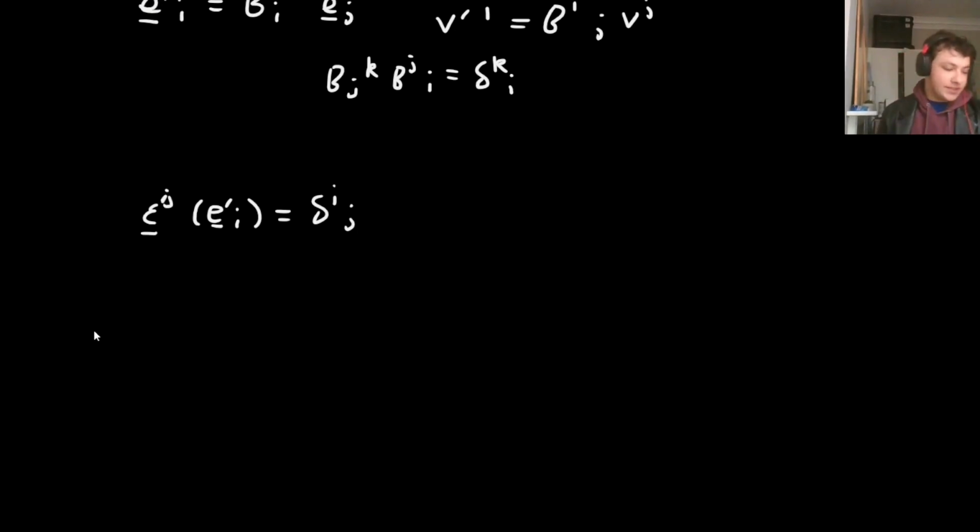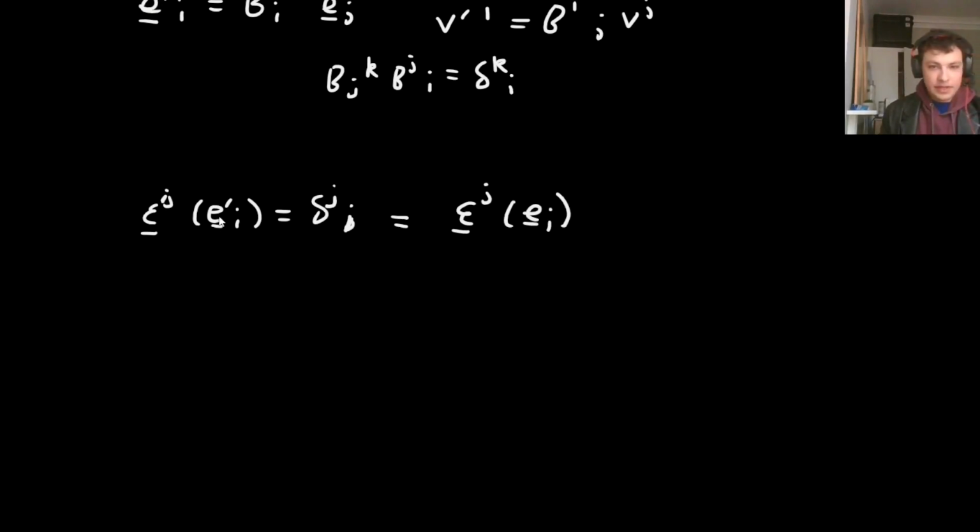We've got a new dual basis. And so this is equal to the old epsilon^j on the old e_i. I've done these the wrong way around. That's a j, that's an i. Here we go. This is the first of many notational mistakes, I'm sure.